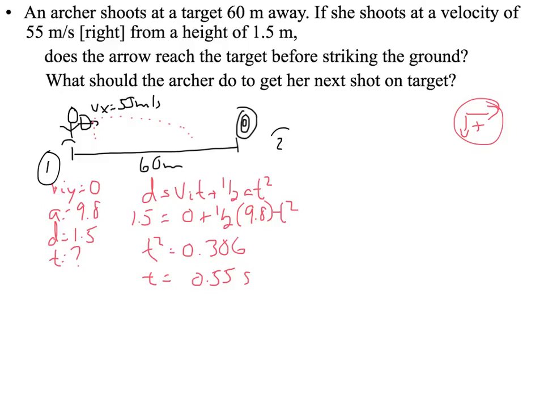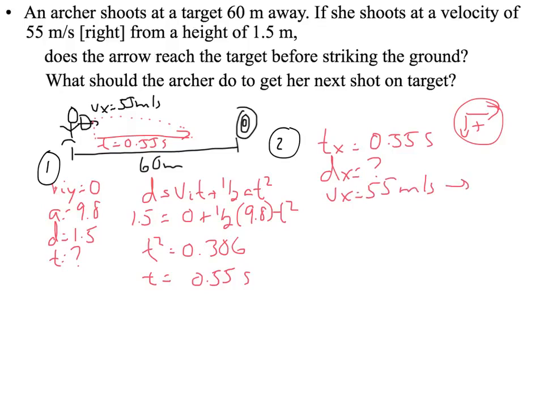Okay. Part 2, we have a little bit of information. In this case, we need to find the horizontal distance. How far does the arrow travel in 0.55 seconds? Okay. So we know Tx, which is time, vertical and horizontal, is 0.55 seconds. Dx is our question, and Vx is 55 meters per second.